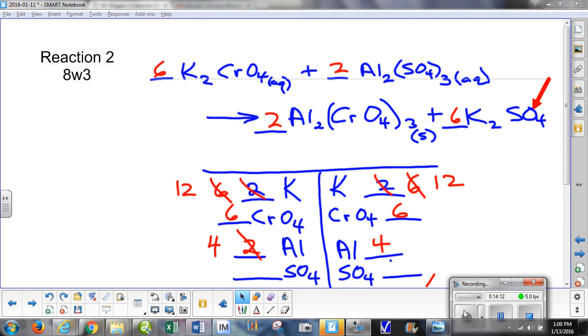And sulfate, this is 1, not 4. The 4 is the oxygens with the sulfur. So this is 6 times 1 unit called sulfate, and that gives us 6 of those sulfates. So we have 6 sulfates on each side, and now we are finally balanced on both sides.